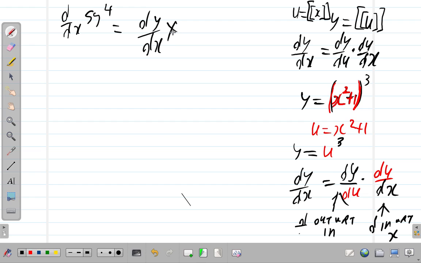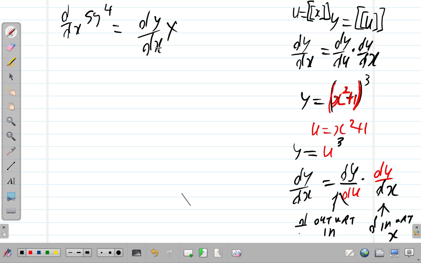And that will be multiplied by, so you notice, the derivative of the inside function with respect to x. The inside function over here is u. The inside function over here is y.